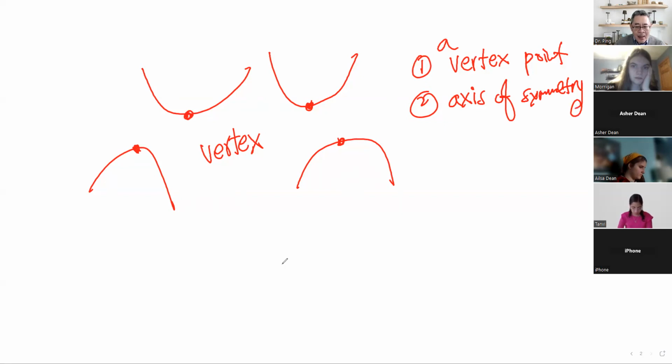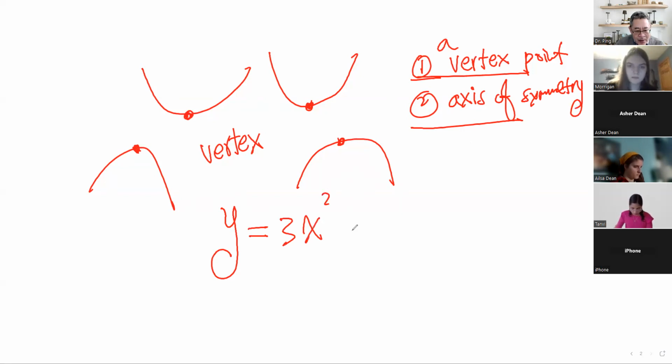Okay. Where is the vertex point? Where is the axis of symmetry? It depends on what kind of function it is. Normally the quadratic function has this form, y equals, say, 3x squared plus 2x minus 5.